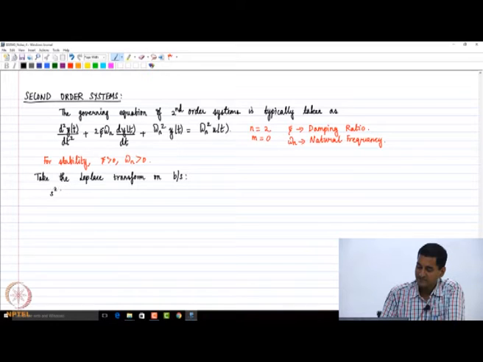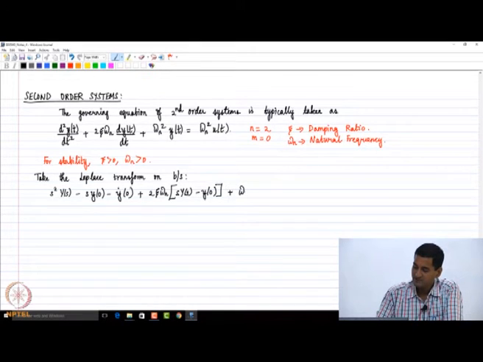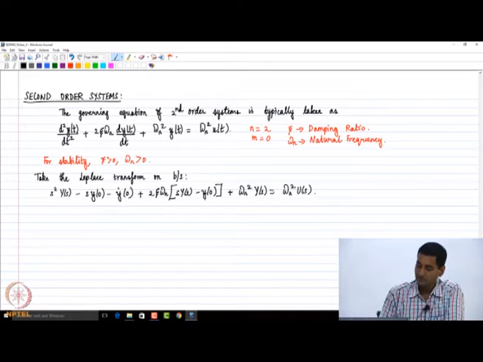The Laplace transform of the second derivative is s squared Y(s) minus s y0 minus y dot 0. The first derivative gives s Y(s) minus y0. Then we have omega n squared times Y(s), equal to omega n squared times U(s). Now we apply zero initial conditions.